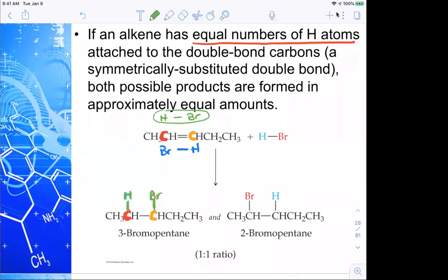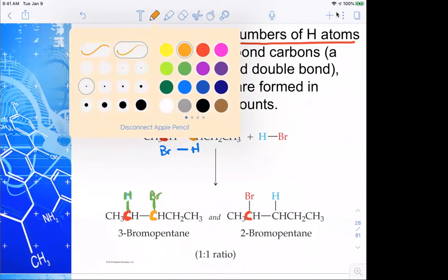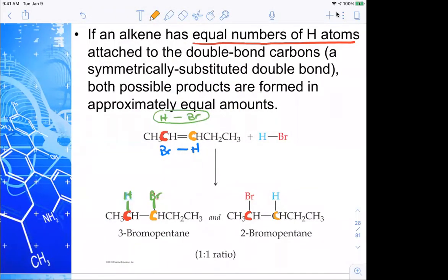If I do it the other way, here's the same red carbon that only has the methyl group on it, and here's the orange carbon that has the ethyl group on it. Each one of these carbons only has one hydrogen. So this has one hydrogen and this has one hydrogen.